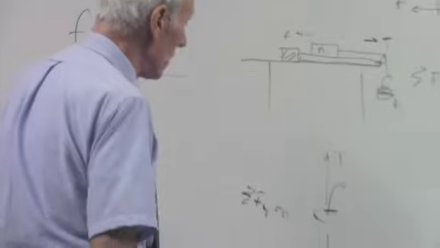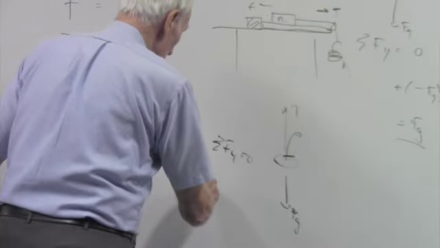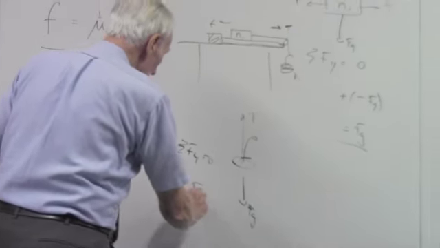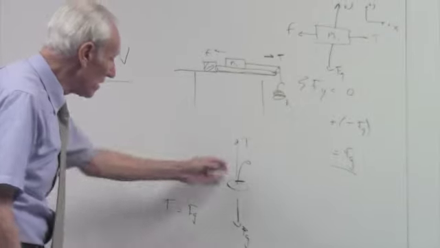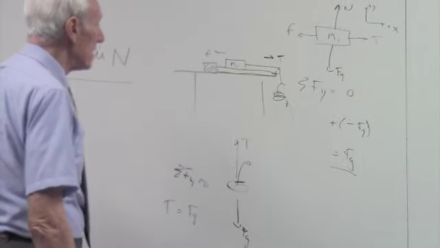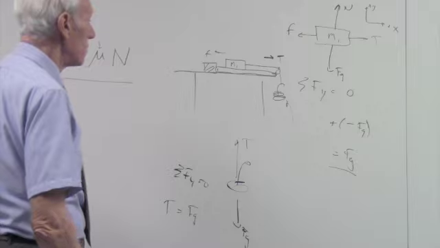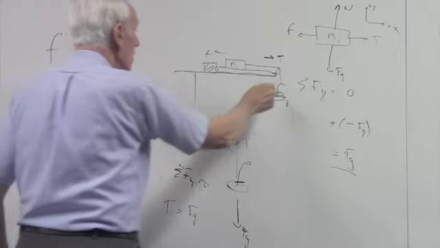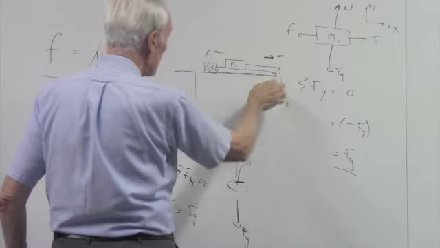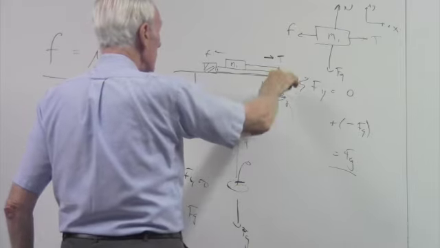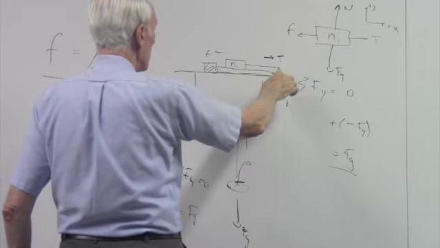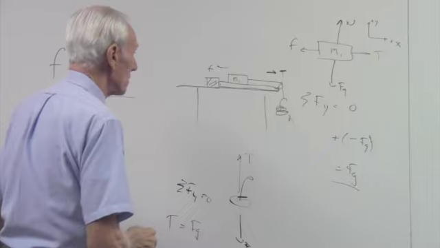So the sum of the forces in the y direction is 0, which means that the tension and the force of gravity, the weight of whatever's on that pan, are equal but opposite in direction. So the pulley here simply transfers the vertical tension force down here into a horizontal force.